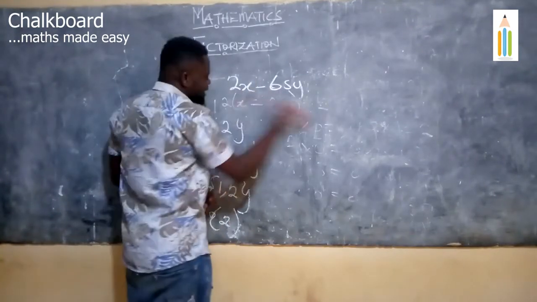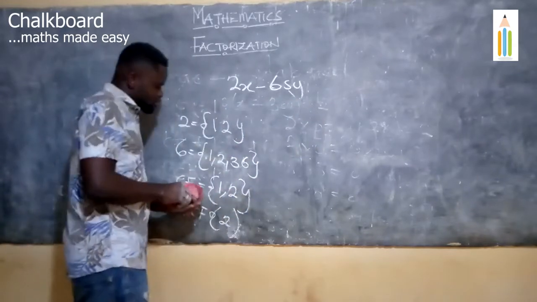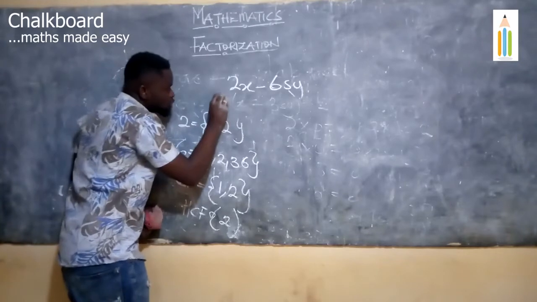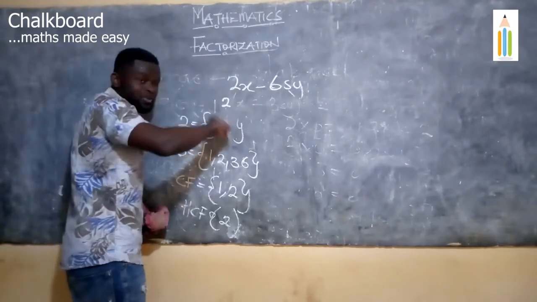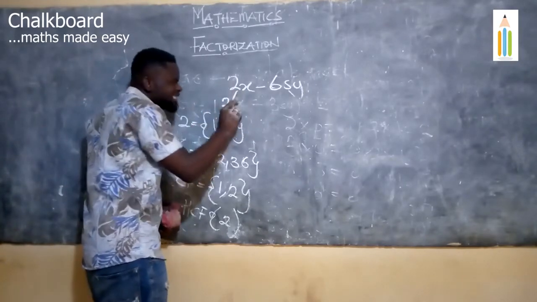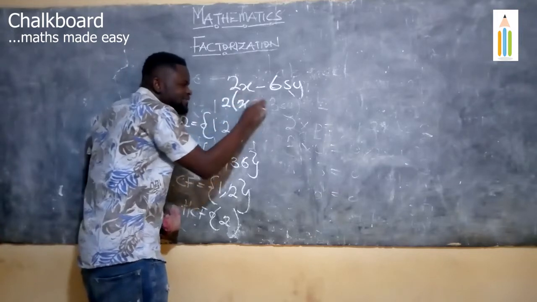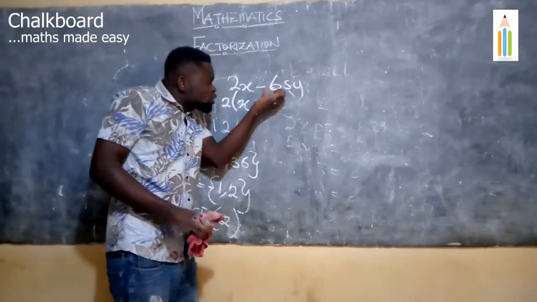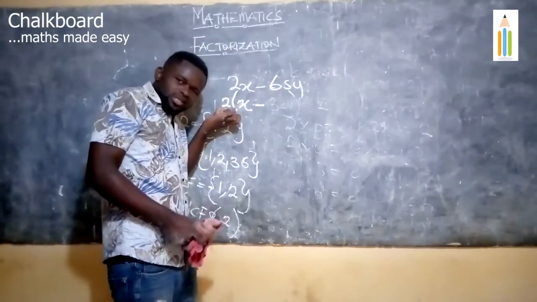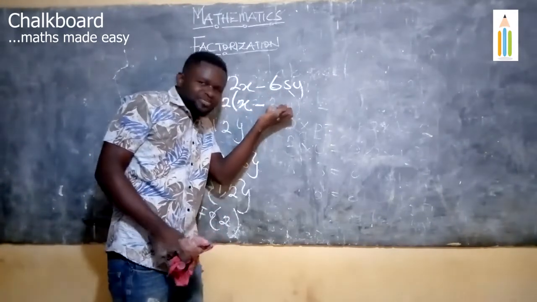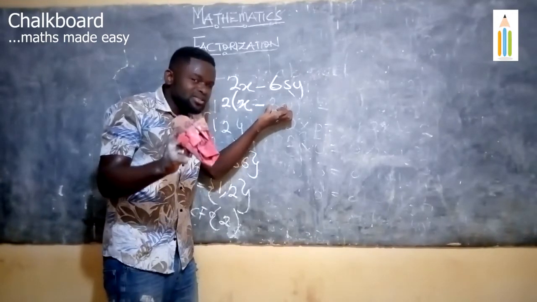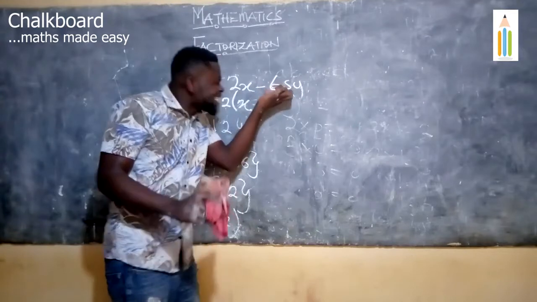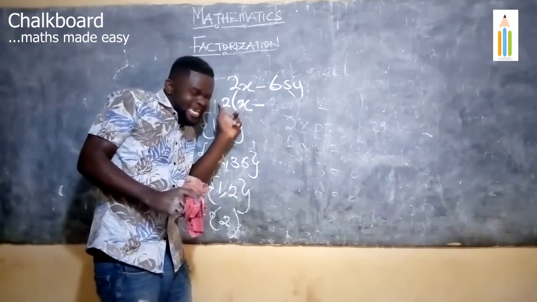Let me take this question again. Now, we just saw here that our factorization was 2, the highest common factor between them. So we brought the 2 out. Now x was left here. Now we come to this side. Now we are bringing 2 out of this. It doesn't mean that 4 will be left. It's not subtraction. So it is simply 6 divided by these 2 outside here.